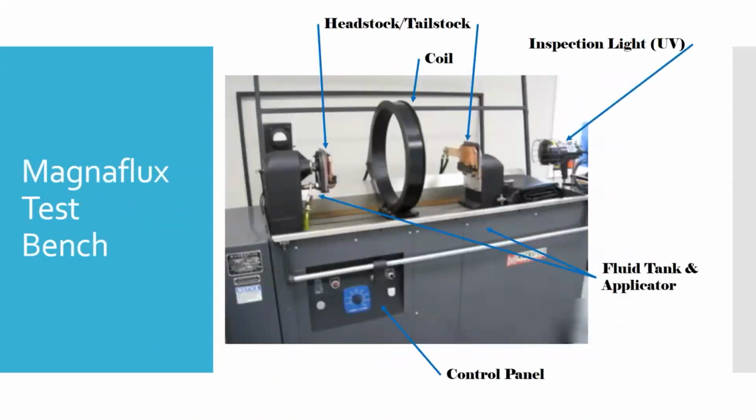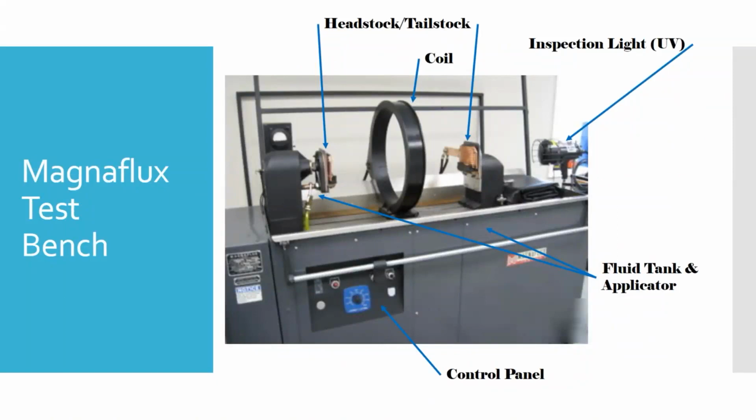So getting to where we are, the bench we're going to use looks something like this. This is a little bit more modern version, but the different parts there. So you have a control panel on the front face that allows you to set amperages and turn the current on and off. You've got the headstock and tailstock, which are these parts that do two things.